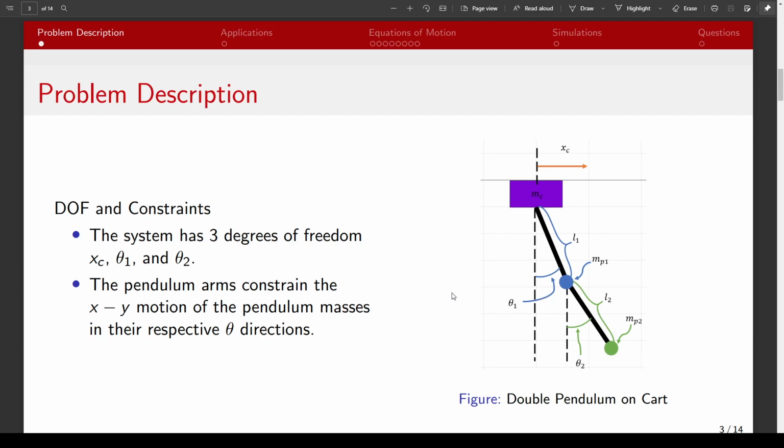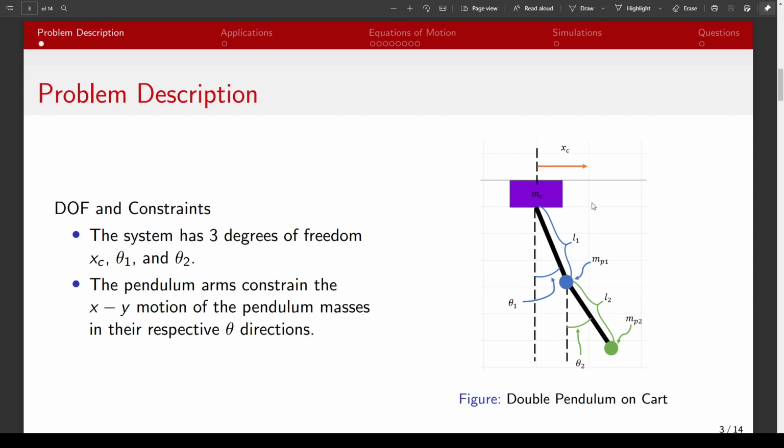So as you can see, there are 3 degrees of freedom for this system: x sub c, theta 1, theta 2. You could also look at it and say that each pendulum can move in x and y, and they are each constrained by the arm of the pendulum so that they only move in their respective theta directions.